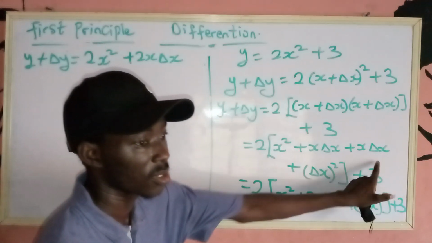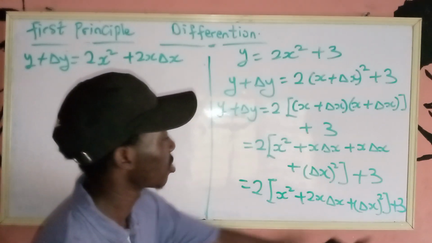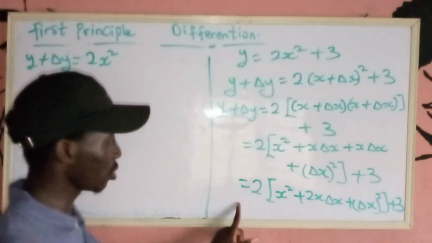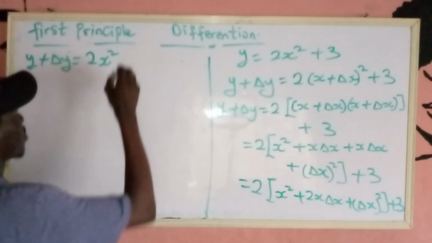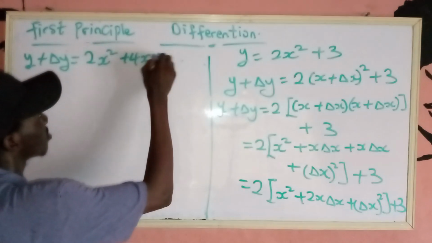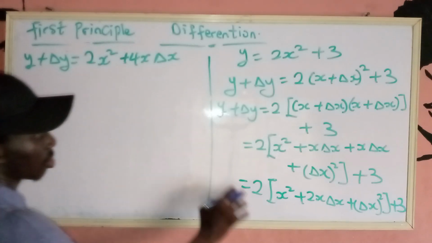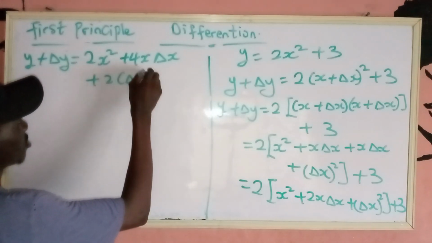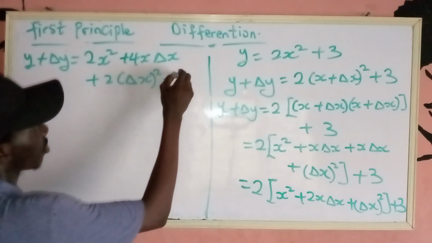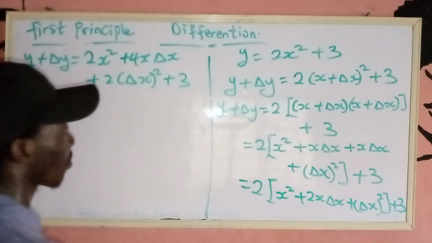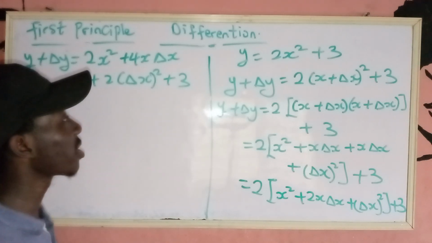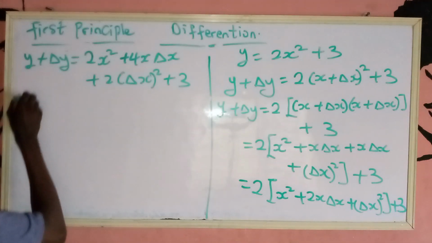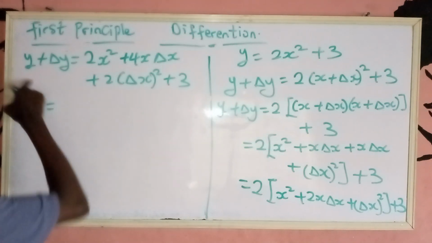They are similar terms, so that becomes 2 and this plus 3. So 2 times 2 is 4. That's 4x change in x, and 2 times this, you have 2 change in x squared, plus 3. Now our goal is to make the change in y the subject of the formula. So what will be here is change in y. I'll bring this here.